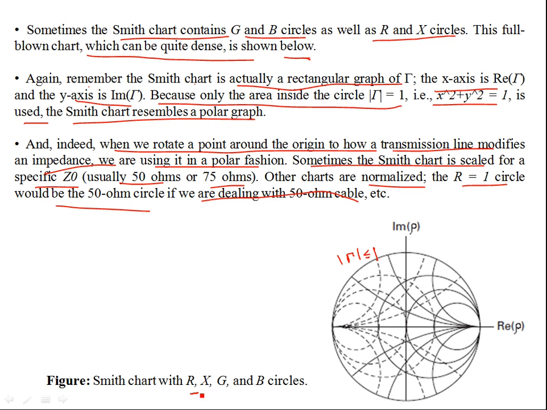So this is a Smith chart with both R, X, and G and B circles, a full-blown, very dense Smith chart. If you wish, you can use it for more complex calculations like impedance matching for maximum power transfer and so on. So that's about the constant gamma circles. That's how you derive the Smith chart from the constant gamma or constant reflection coefficient circles.